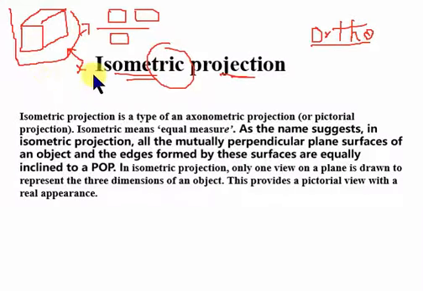Before we go further, first we need to understand the terminology for isometric. In a viva, you may be asked what the terminologies of isometric projection are. If you look at this, the CD line is my x-axis, the CA line is my y-axis, and the CB line is my z-axis.